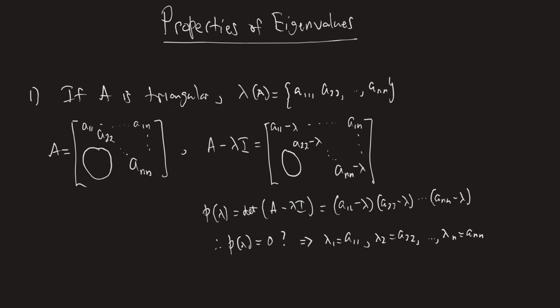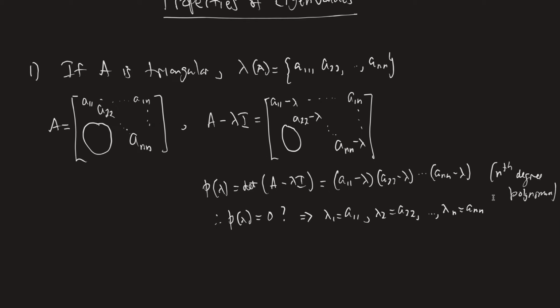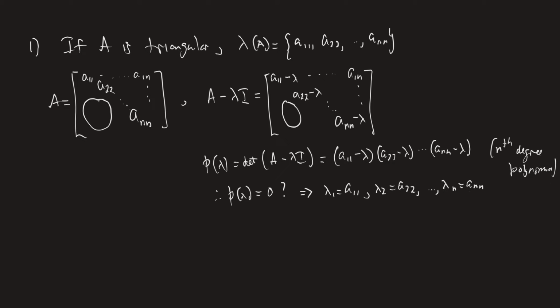But this factored form is very useful. I just want to make a note here that this is an nth degree polynomial, and as we know, once your degree gets larger and larger, finding roots can be tedious. But this one is really useful.